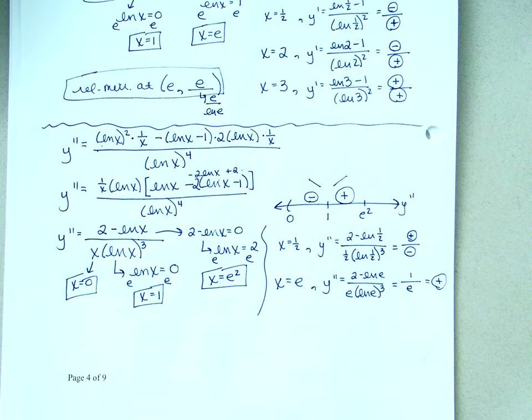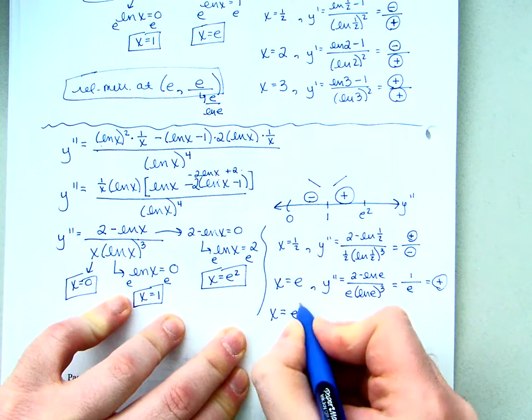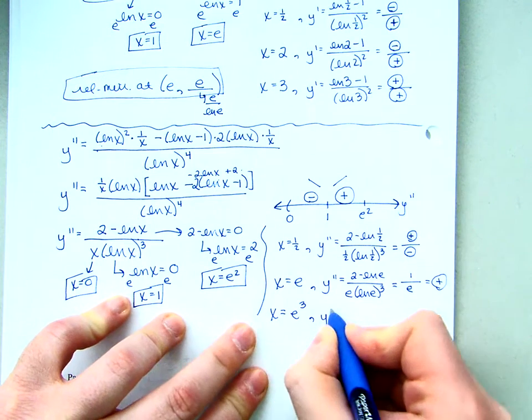After e squared, you could plug in like 10 or something like that. It may actually be easiest to plug in e cubed because we can do natural logs of those things. So I think that's what I'm going to do for my last test point. I'm going to plug in e cubed.